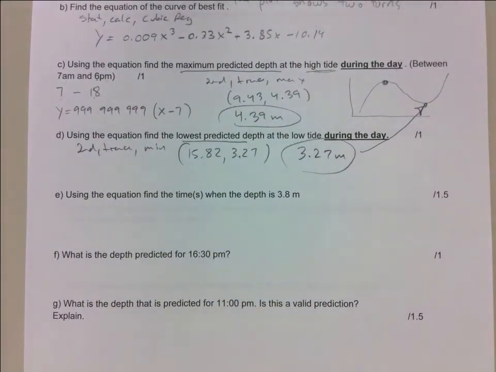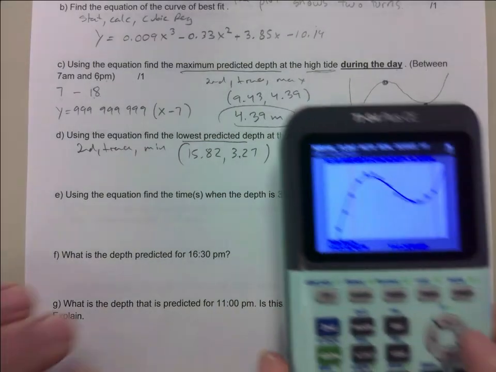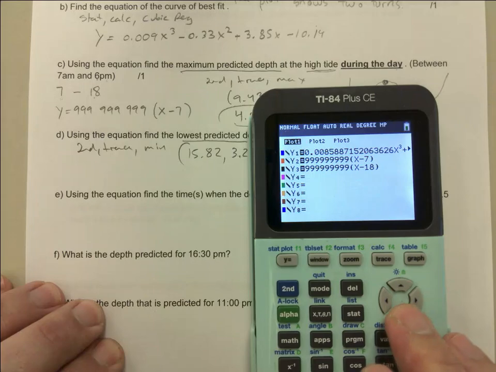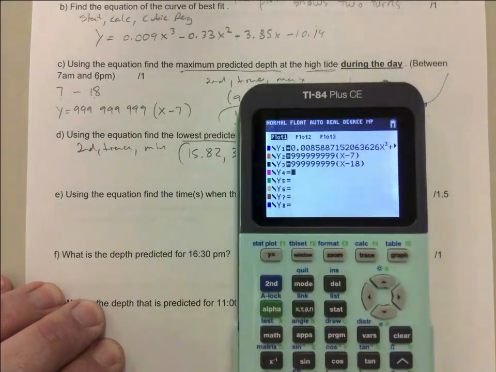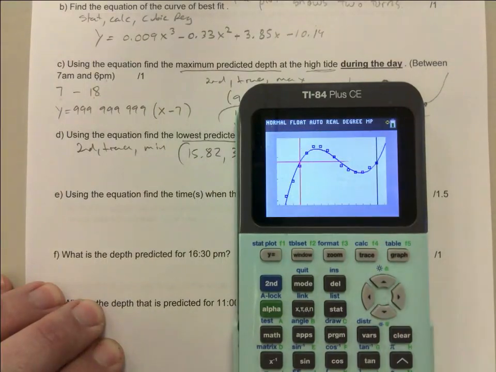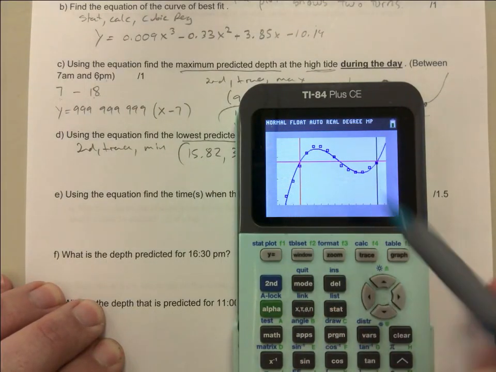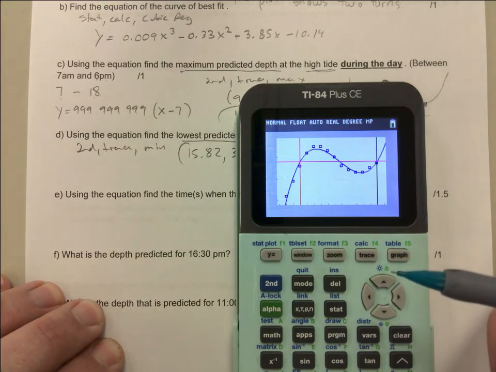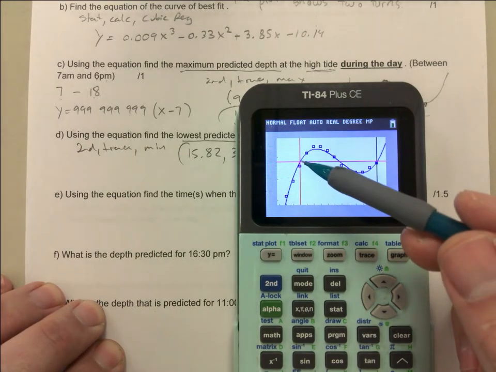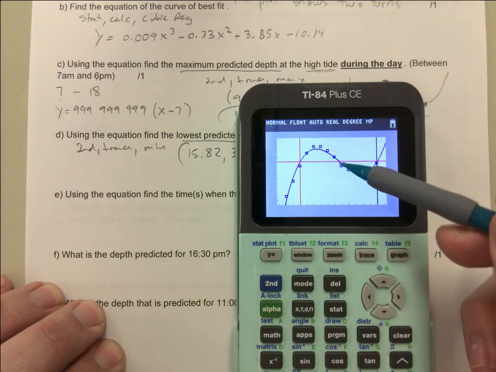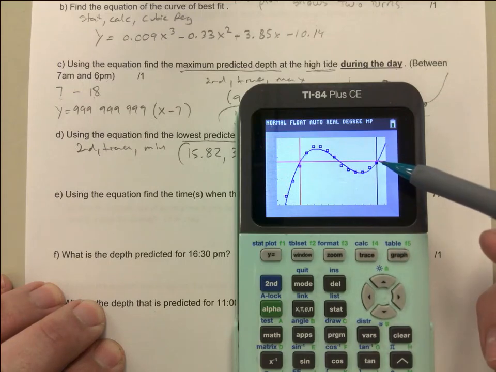Using the equation, find the time or the times where the depth is 3.8 meters. So I will put it into Y4, 3.8, right? There seems to be one there, and one here.